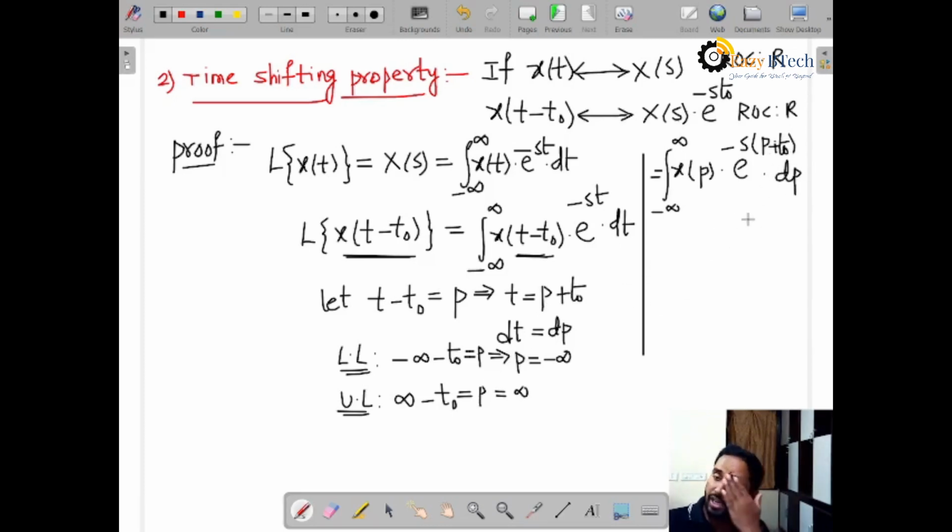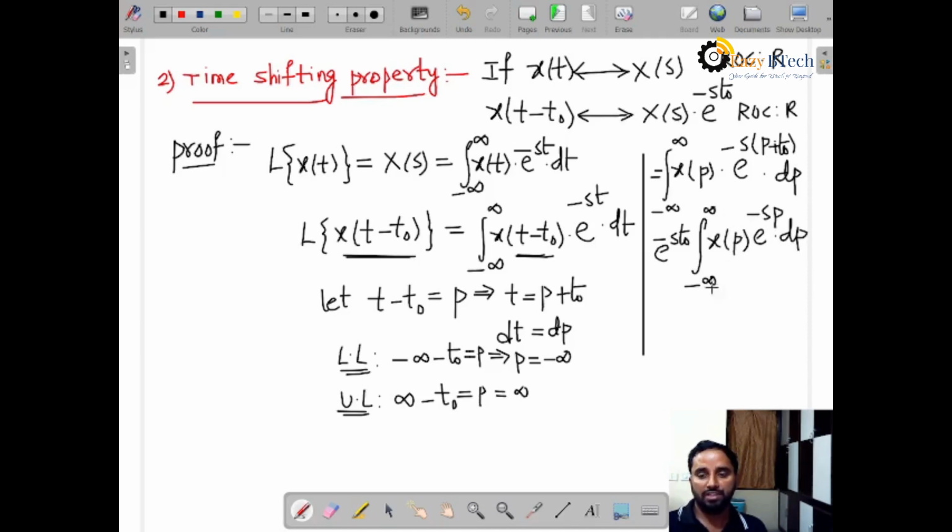So here integration is with respect to p. So only p terms will be inside the integral. Remaining we can write outside, e power minus st naught, and the remaining integration is the same, minus infinity to plus infinity x of p e to the power minus sp dp.